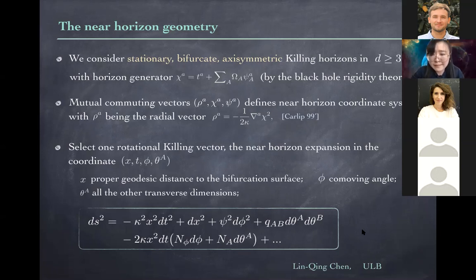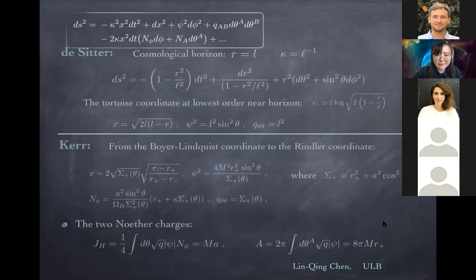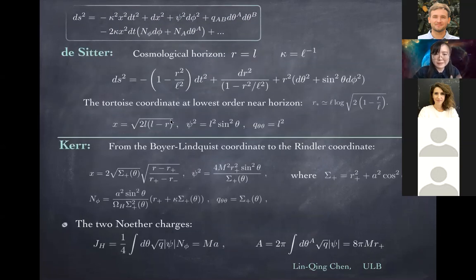Lin, can I ask a question? Yes, please. So here all your functions are allowed to depend on all the coordinates, I mean, on time and on the angles, right? In the next slide, you will see explicit examples of what they are.